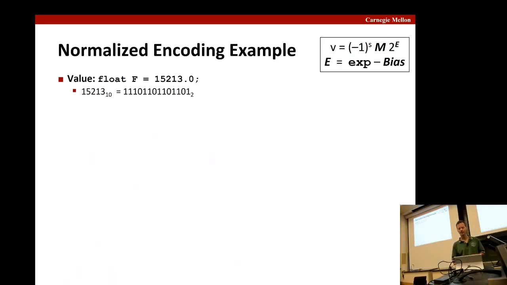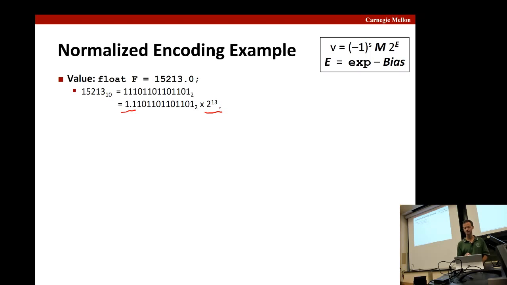Okay, so let's look at an example. And here's our little cheat sheet. This is what the value is going to be: minus 1 to the sign, times the significand, times 2 to the e. But the e is going to be computed by taking the bits that are there, this exp, and subtracting off our bias. So if we have this number here, and we put it into the form where you have a 1 followed by a dot, then the power you need for that is 13.